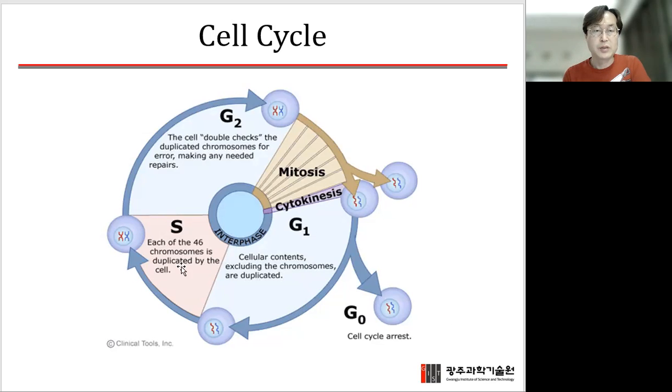And then in S, each of the 46 chromosomes is going to be duplicated by the cell. Then going to G2, the cell is double checking the duplicated chromosomes for errors. And if there is any error, then it starts to repair itself. From G2, it goes on to mitosis and the cytokinesis, and then differentiates into two cells.